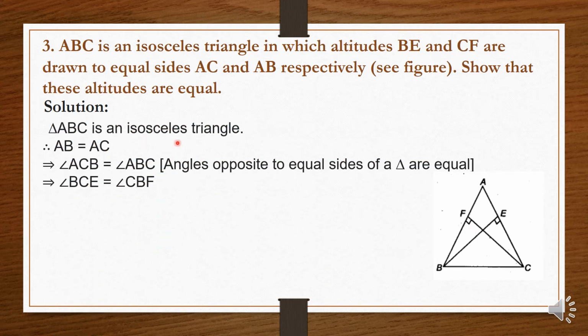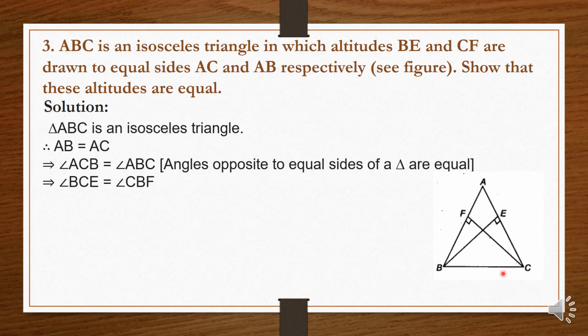So since ABC is an isosceles triangle, by the given condition AB equals AC. By the theorem that angles opposite to equal sides of a triangle are equal, since AB is equal to AC, their opposite angles, angle B is equal to angle C, or we can write angle ABC is equal to angle ACB.